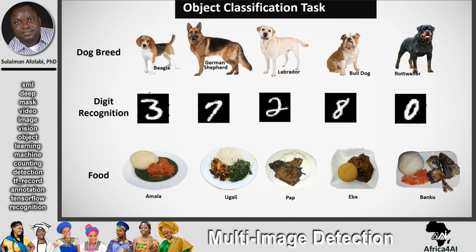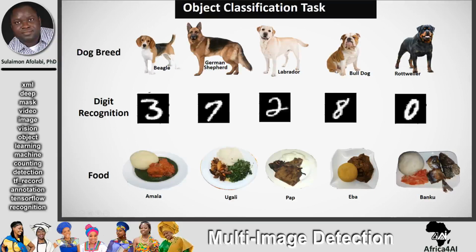Some of the images may be identical, even in this case of food classification, but there are certain things that will make the image unique. For example, if you look at ugali and pap, they have something in common in terms of the color. The same thing with banku, but what people normally eat them with may vary.